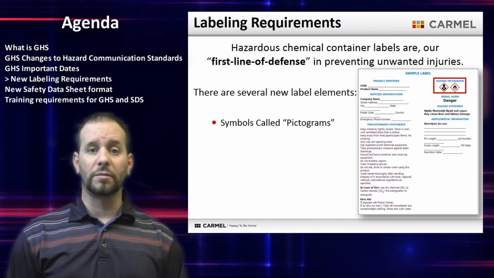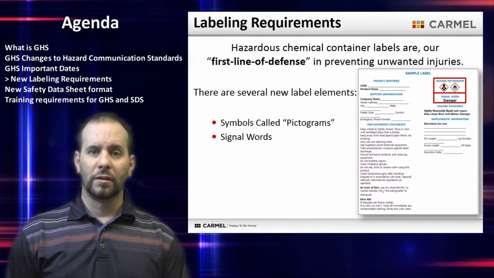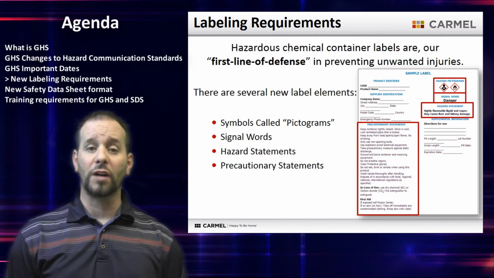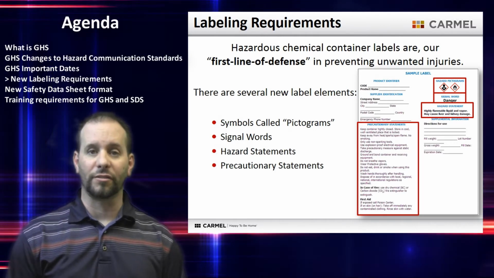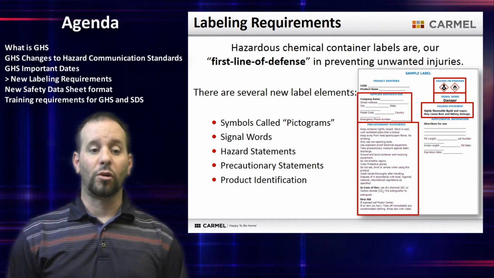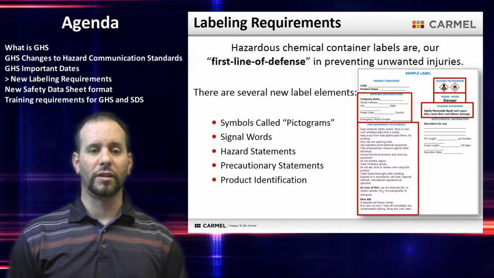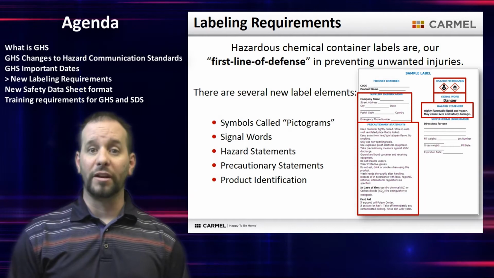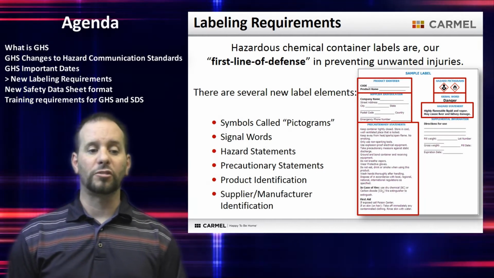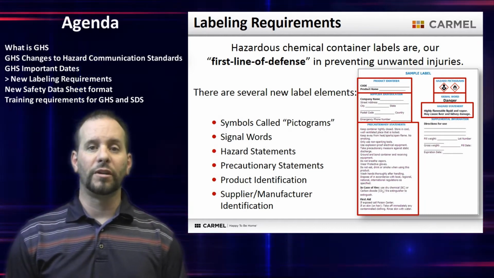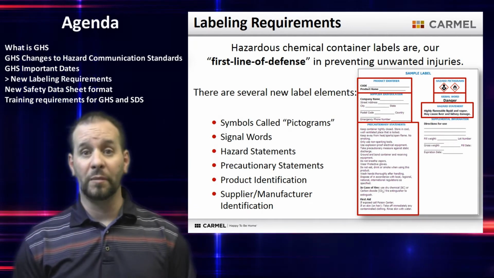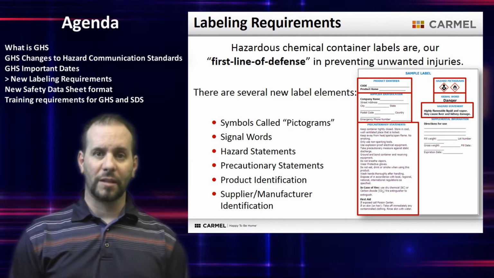The first one is the pictograms, as well as signal words, hazard statements, and precautionary statements, which cover in case of fire, first aid, and other important information. Product identification will give you the product or manufacturer company, the product code, and the product name. Supplier or manufacturer identification will give you the company's name, city and state, phone number, email, website, that type of information.